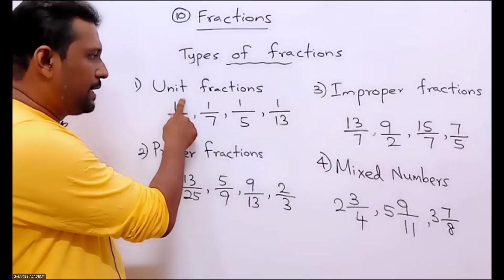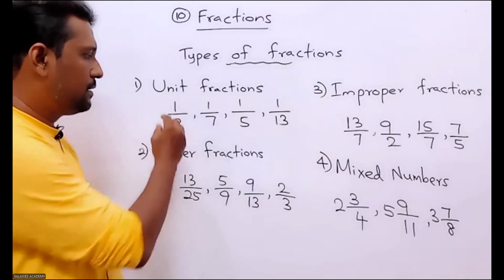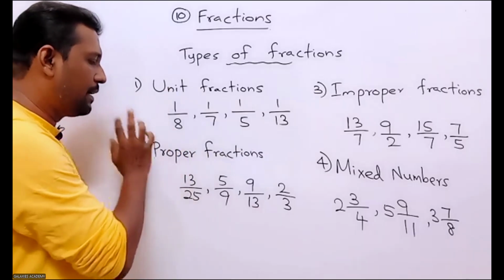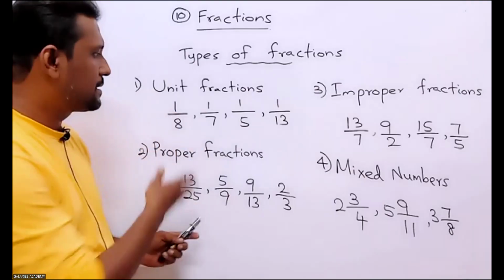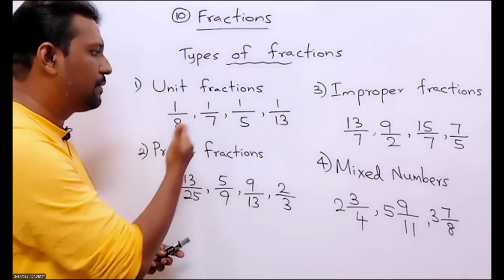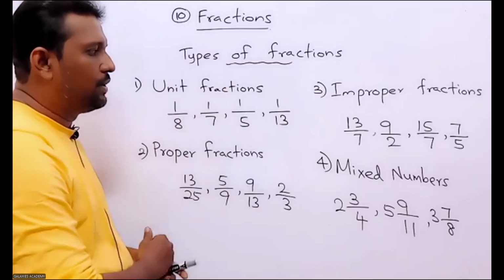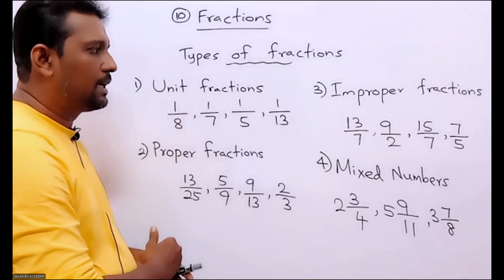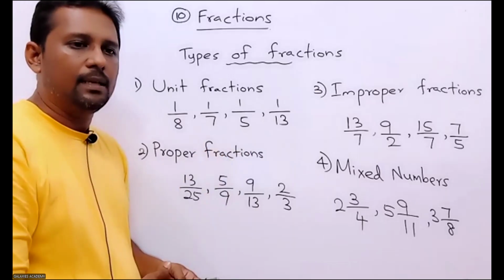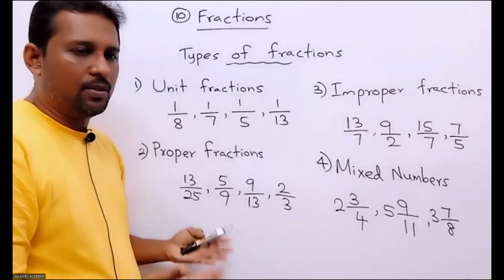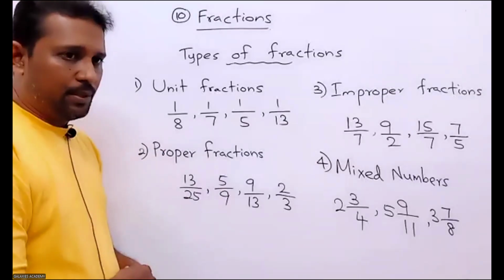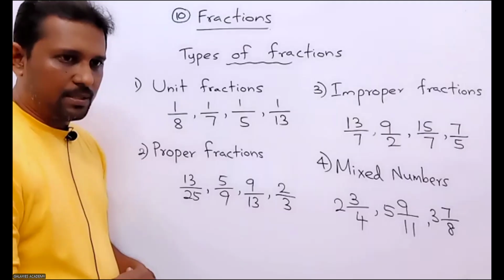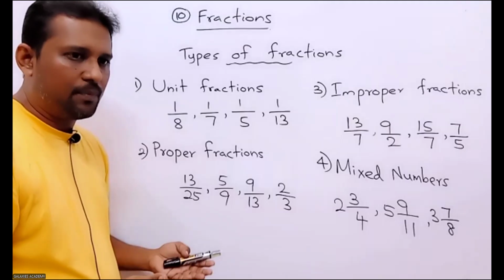Unit fractions mean if a fraction's numerator is 1, then we call them unit fractions. The examples you can see: 1 over 8, 1 over 7, 1 over 5, 1 over 13. Like that, a lot of examples we can discuss for unit fractions. Then the second type, proper fractions.